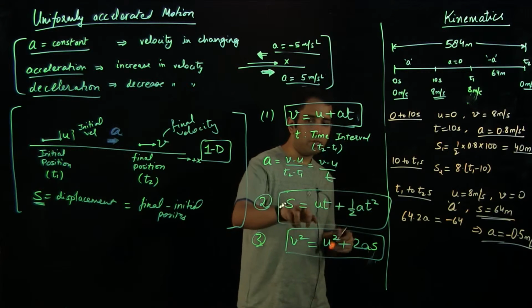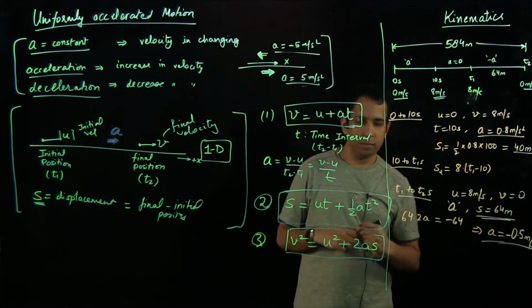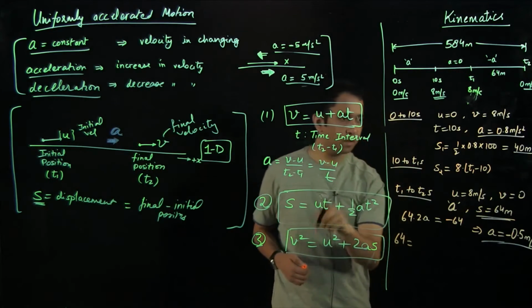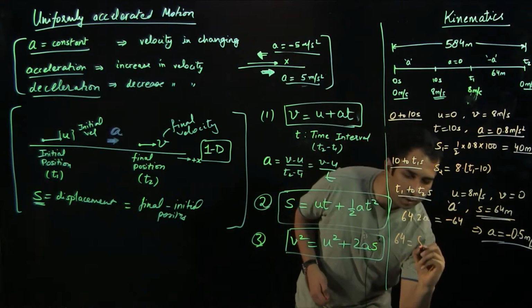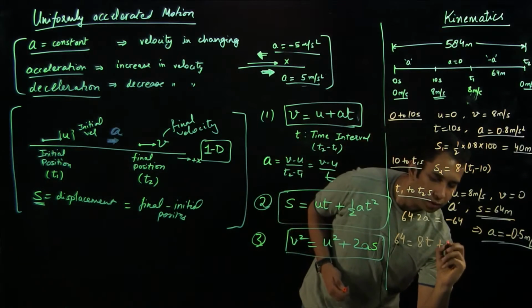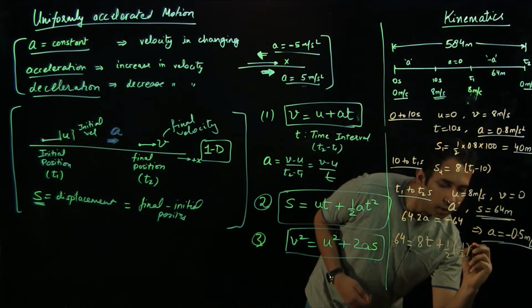So let us also apply the second equation for the third time interval. Now we know that 64 is the displacement, u is 8 meter per second, so 8 into t, plus half into the acceleration, which I know now, minus half, into t square.